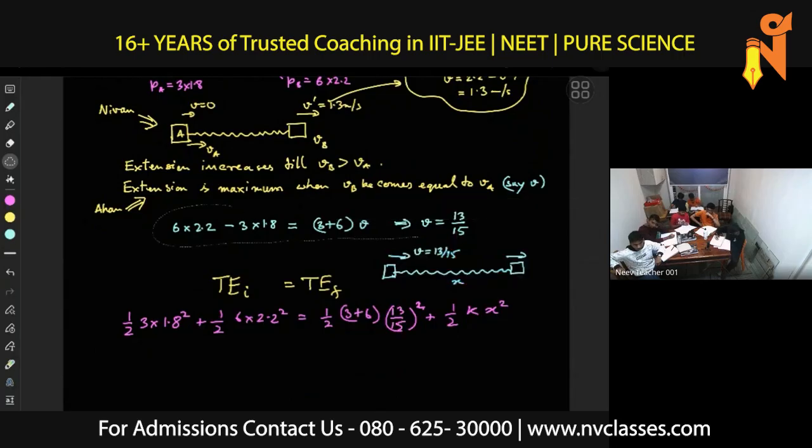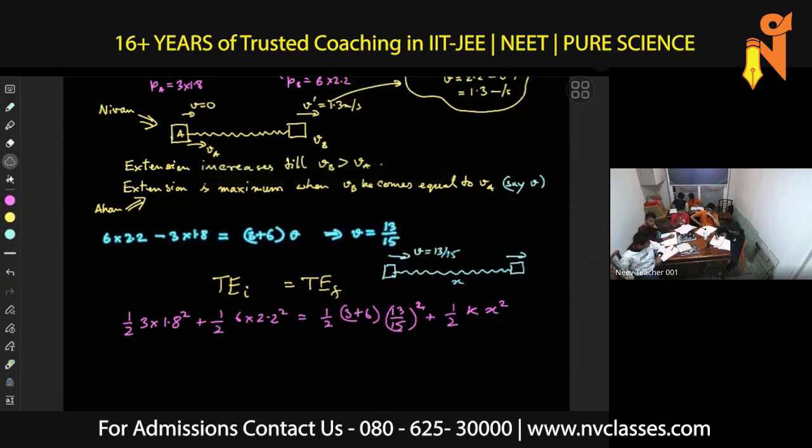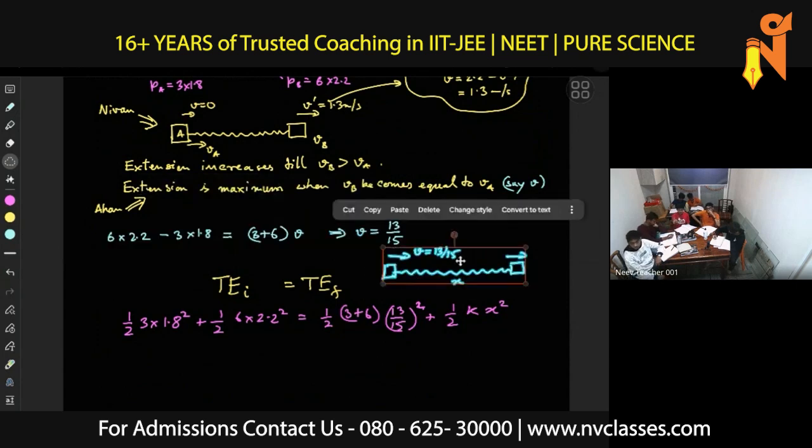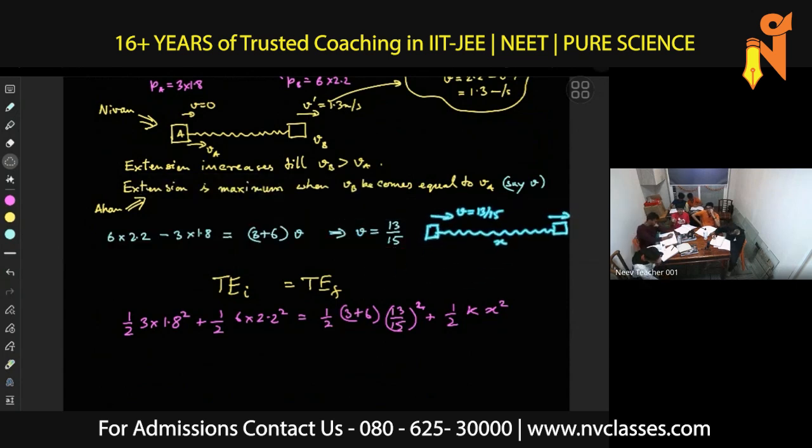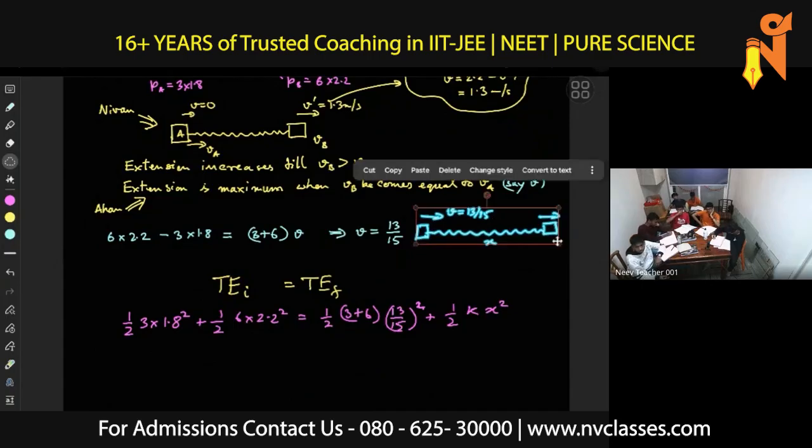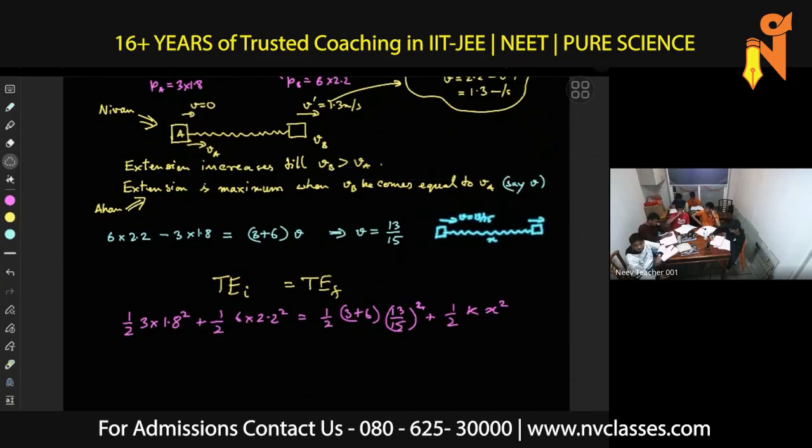Who was saying what? Any issue? Any doubt? So I thought it would be 2 into half kx. Both bodies. 1 second. What is 2 into half kx square? Because each body has potential energy.